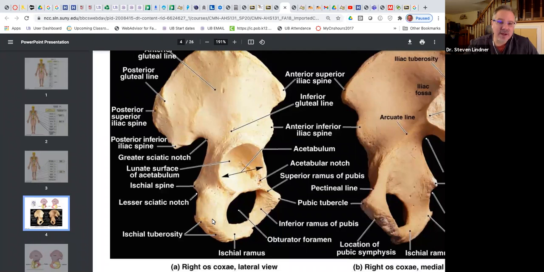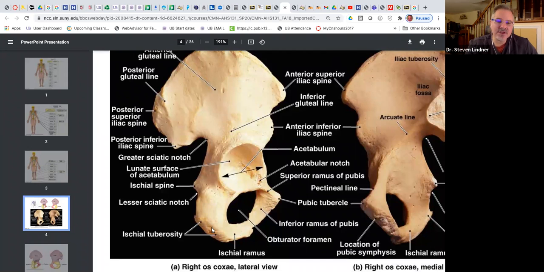So in sequence, we have to learn the bones and specific parts of the bones to understand where the muscles attach. Because when we do muscles, it's not just being able to identify the name of the muscles, but there are certain muscles that you'll have to know where they originate or where they insert. And of course, that would be related to osteology, to bones.